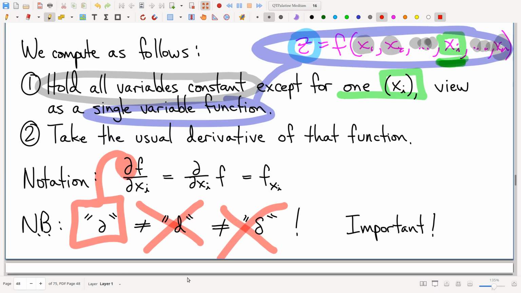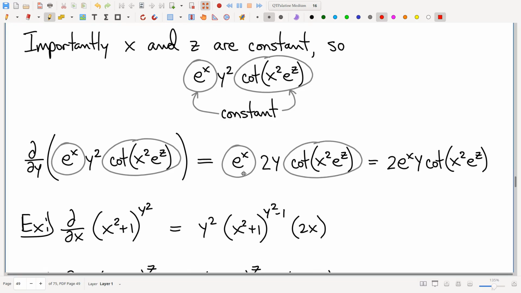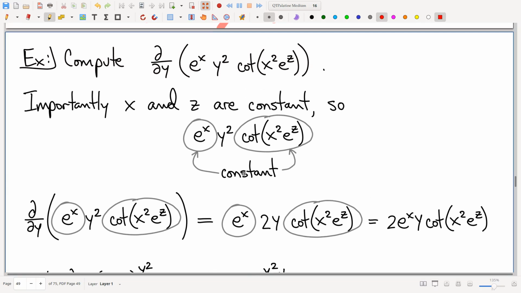Okay, let's do one. Here we go. How would I take this monster, and how would I take its partial derivative with respect to y? Now let's just take a moment to recognize how scary this looks.